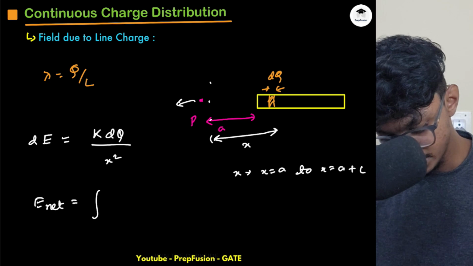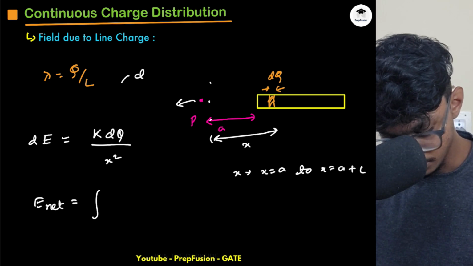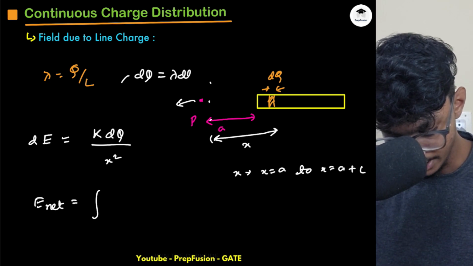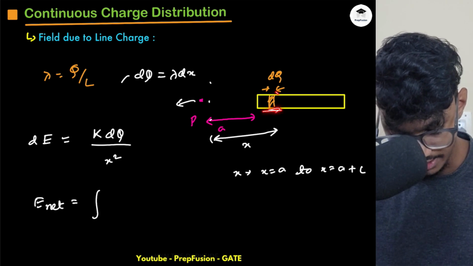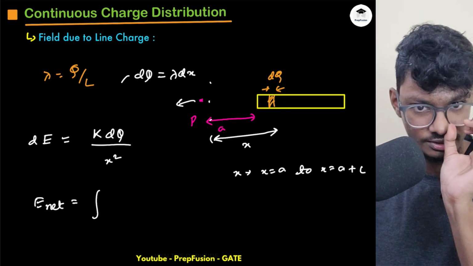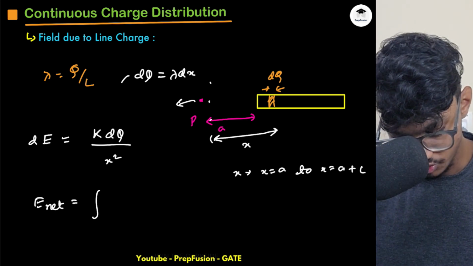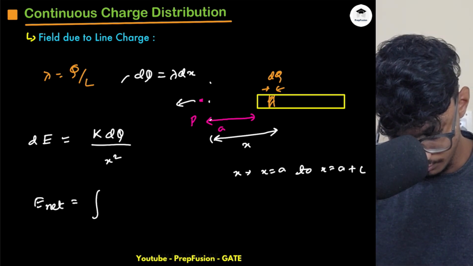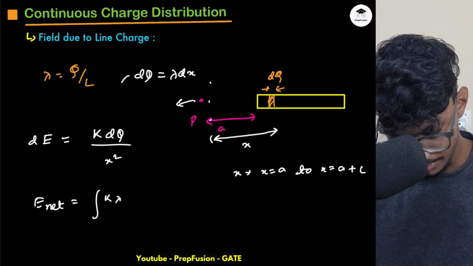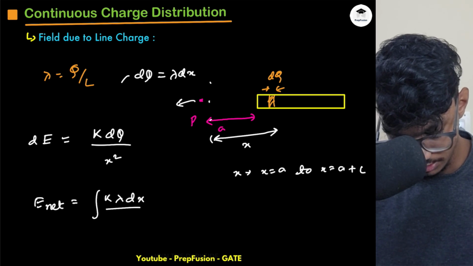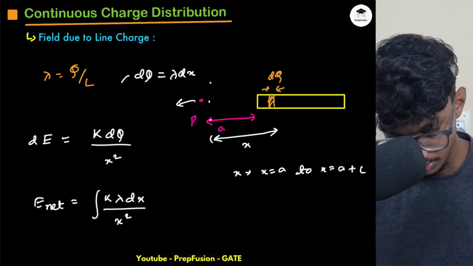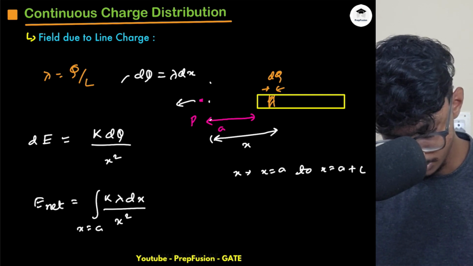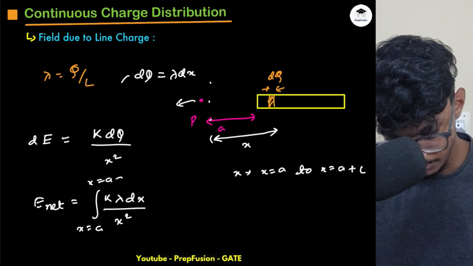What is dq? dq I can write as lambda times dx, because this length is some small section x. So this will be integral of K lambda dx divided by x square, from x equals A to x equals A plus L.